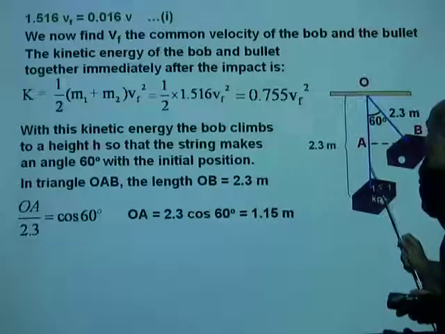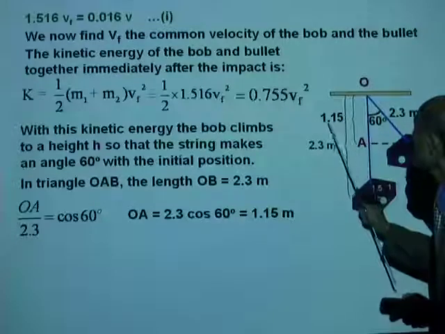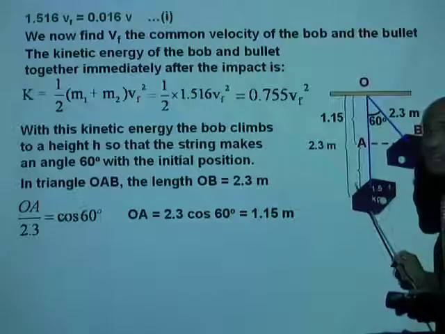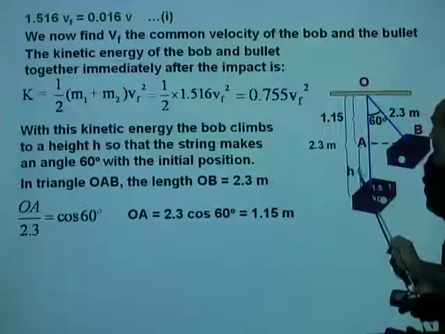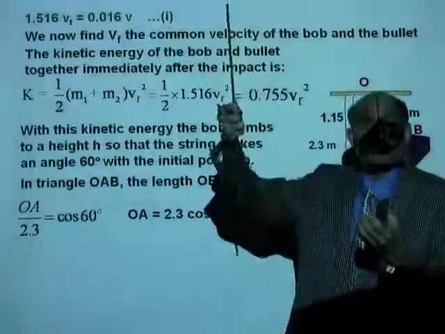Now, if this OA is 1.15 meter and the whole length of the pendulum is 2.3 meter, what is this distance? That is the height to which the pendulum has been raised, isn't it?